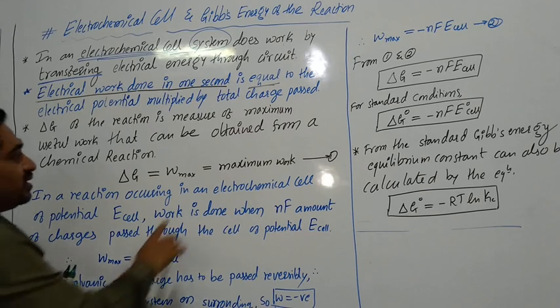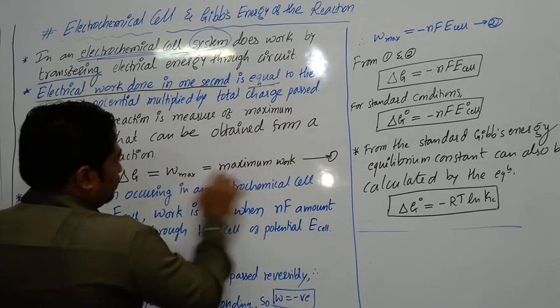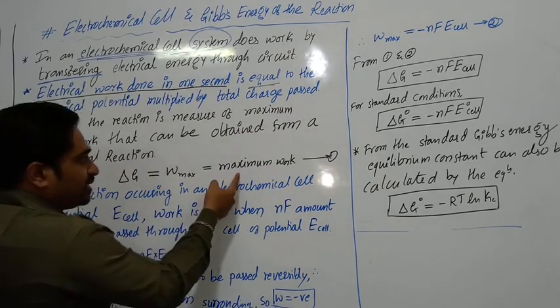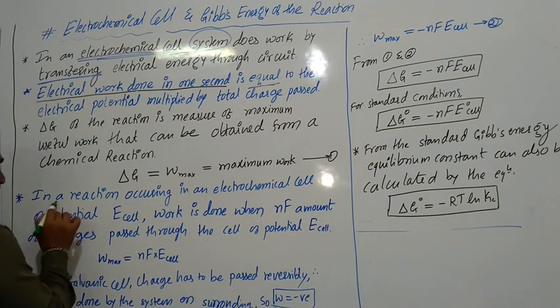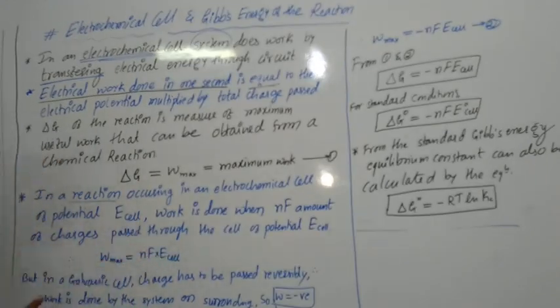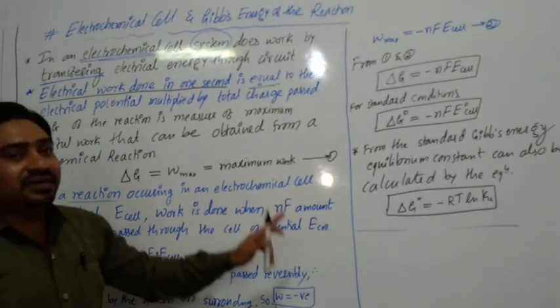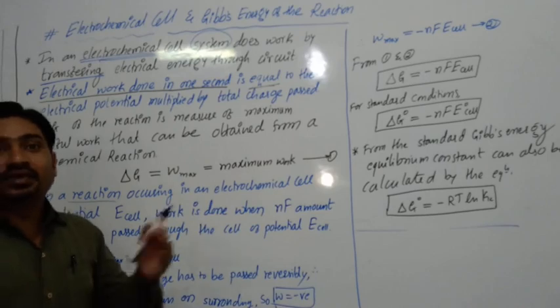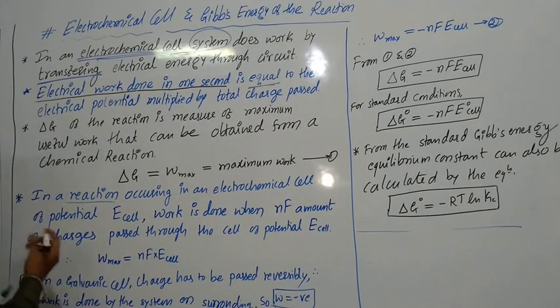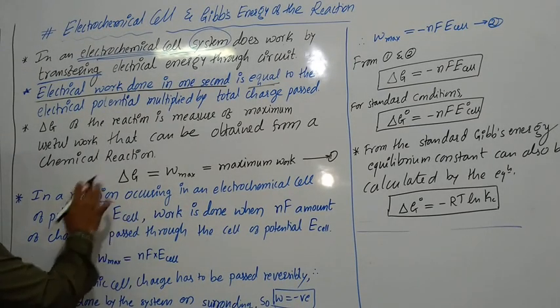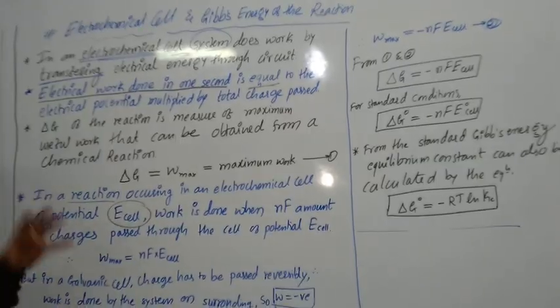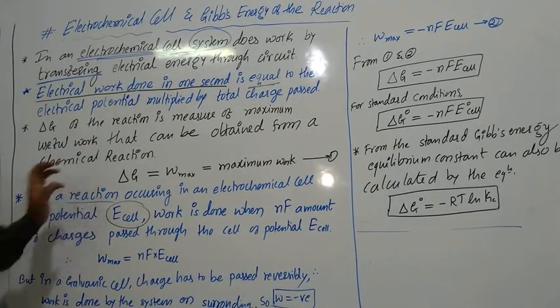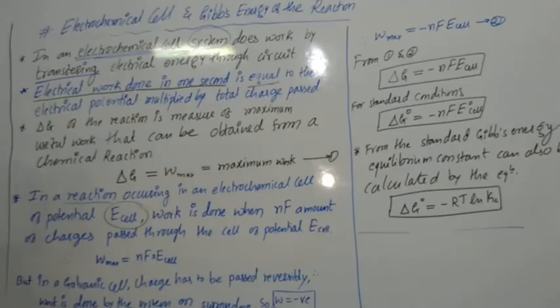We will give W max as maximum work. We will consider this as equation number 1. In a reaction occurring in our electrochemical cell, if a chemical reaction occurs, the potential of that electrochemical cell is to be taken as E cell.